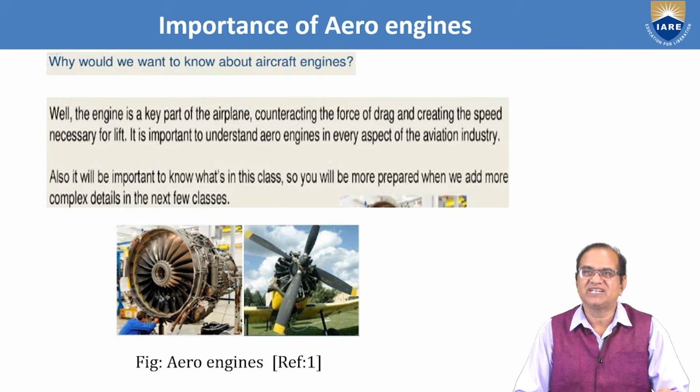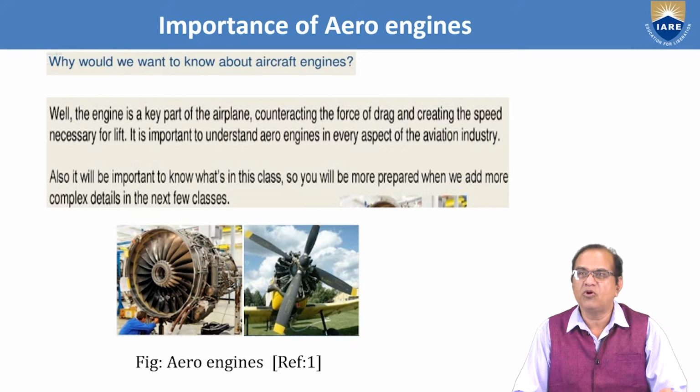It is important to understand aero engines in every aspect of the aviation industry. So you will be more prepared when we add more complex detail in the next few classes.